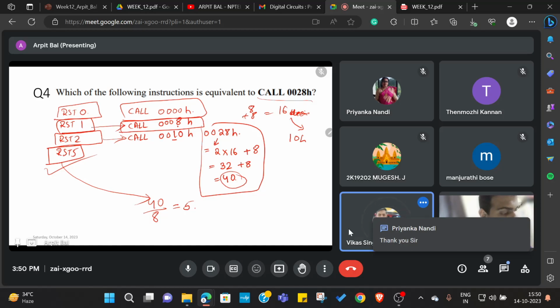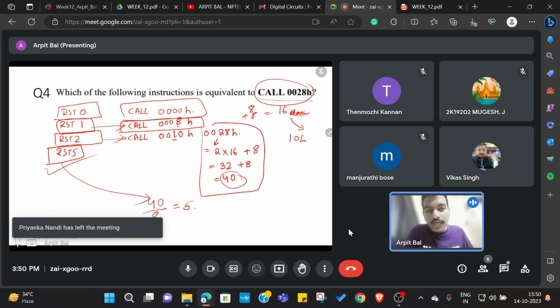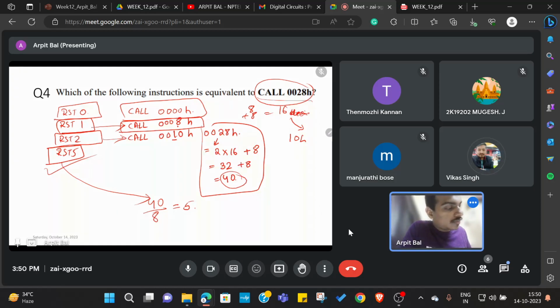Okay, sir. Similarly, what we are given is call 0028H, and we need to figure out what this is equivalent to. So 0028H means it is 40.